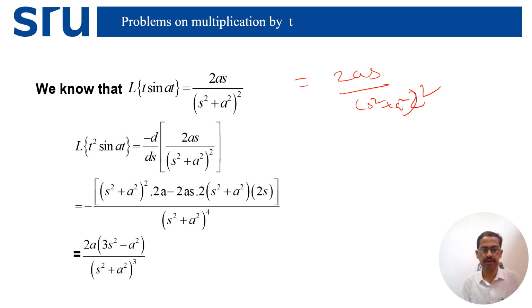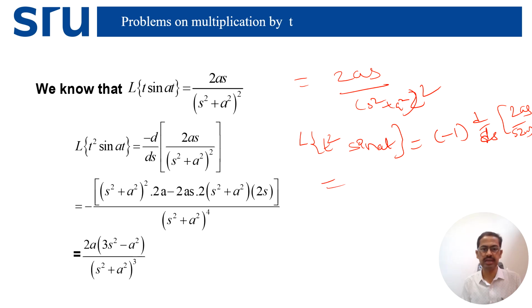Now once again differentiate, then you would get t square sin at. So the Laplace transform of t square sin at is equal to minus 1, only one time differentiate, already one time differentiated in the previous problem. So d by ds of 2as by s square plus a square whole square. So now differentiate with the same u by v method.